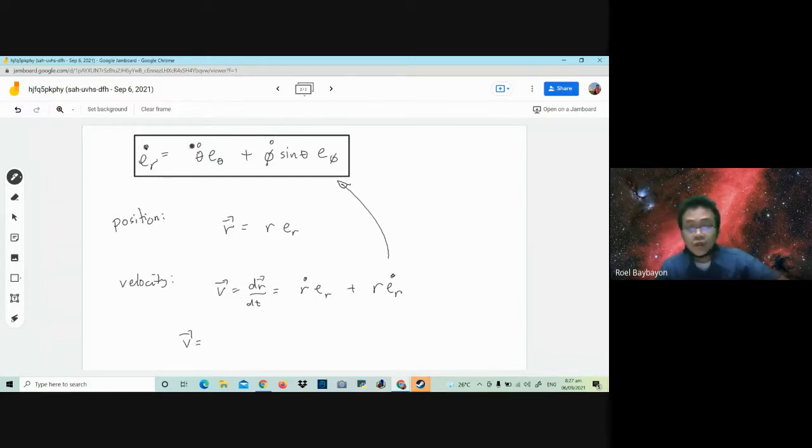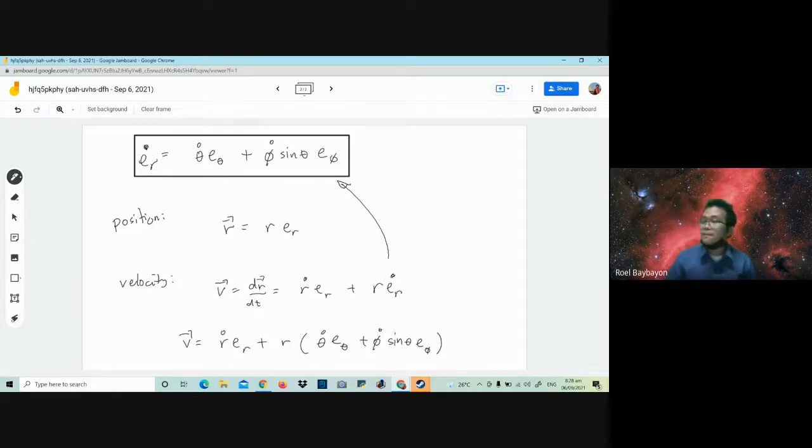So the velocity in spherical coordinates is R dot ER plus the magnitude R times the ER dot that we got, which is equal to theta dot E theta plus phi dot sine theta E phi.